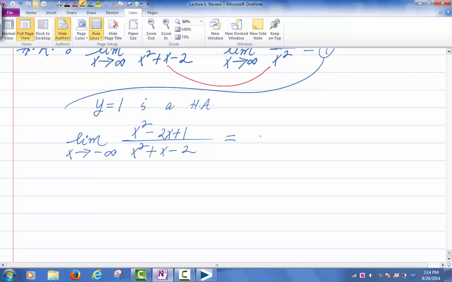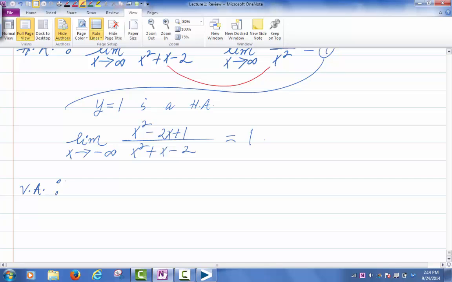And this is 1 as well, right? So I'm not getting a different number. If I had a distinct limit here, then I would have another horizontal asymptote. So for this function, I have only one horizontal asymptote, so I'm done. How about vertical asymptotes?